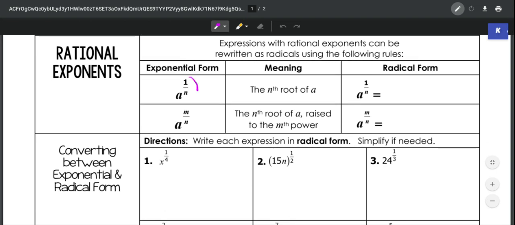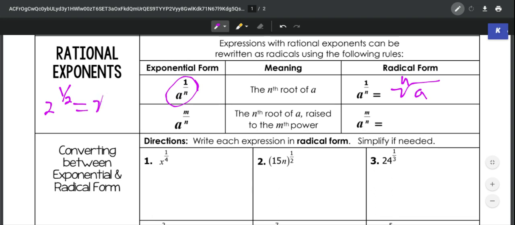So say that we have the exponential form of a to the 1 over n. When we have that set up, we can actually rewrite this as the nth root of a, and whatever the denominator of that fraction is, that becomes our index. So say, for instance, we had 2 to the exponent of 1 over 2.